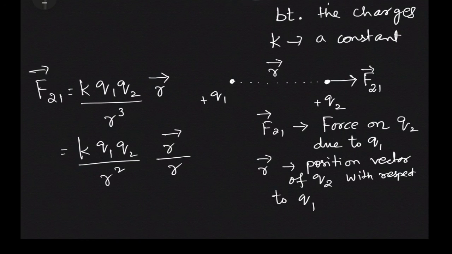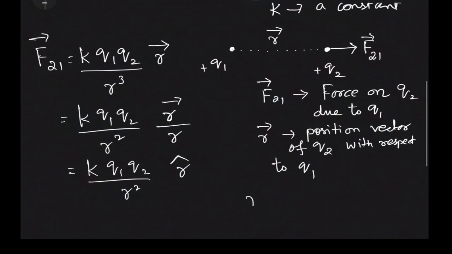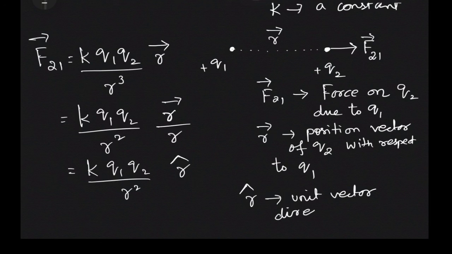Actually this is vector R divided by its magnitude, which can be written as R cap, where R cap is the unit vector. Let me define this. Unit vector directed along R vector. So this is my vector form of Coulomb's law.